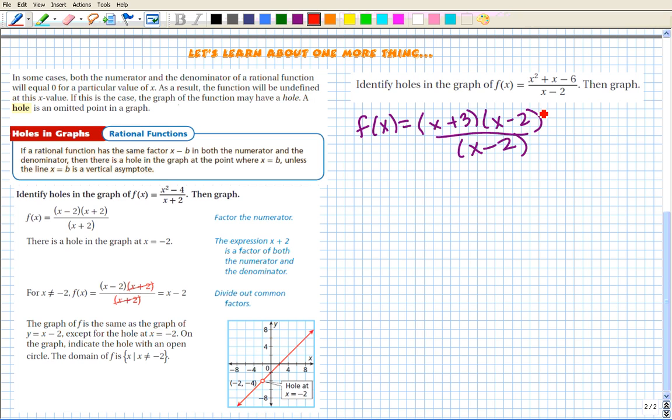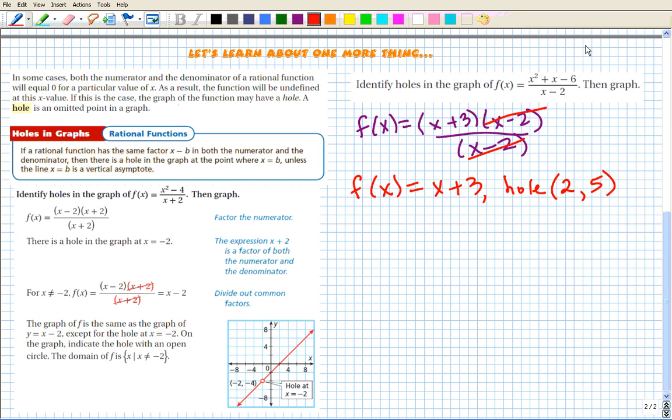To simplify this, the x minus 2's cancel. Now we have f of x equals x plus 3. But there will be a hole in the graph. The thing that canceled was x minus 2. If I solve for x there, that will give me an x value of 2. To figure out the y value, you just plug that 2 back in, so 2 plus 3 is 5. So there's going to be a hole in the graph at (2, 5).